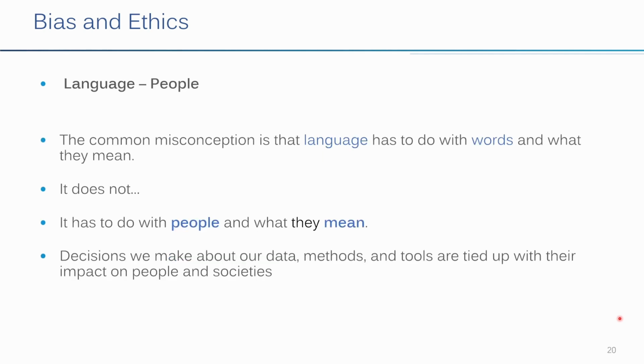So, going more specifically now to natural language processing and text, there is a common misconception that language has to do with words and what they mean. The fact of the matter is that's actually not true. Words have to do with people and what they mean. So when we write a post or an essay or a Reddit thread or a comment on YouTube and so on, we are conveying our beliefs.